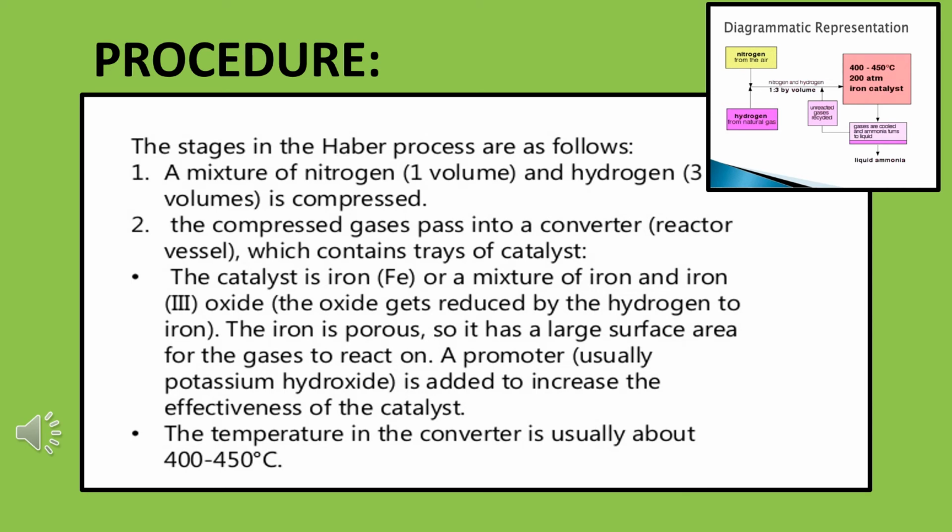Then a promoter, generally molybdenum or potassium hydroxide, is added to increase the activity or effectiveness of the catalyst. The temperature in the converter is usually about 400 to 450 degrees centigrade, or 725 Kelvin. This is the procedure which explains the formation of ammonia in Haber's process.